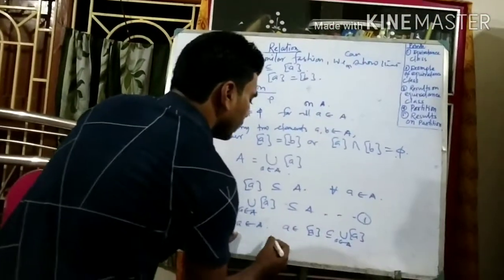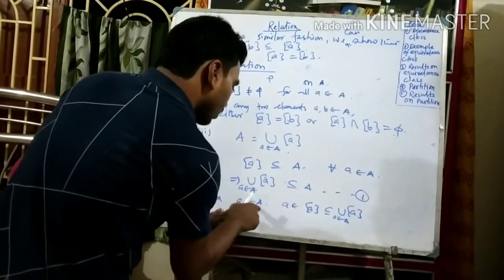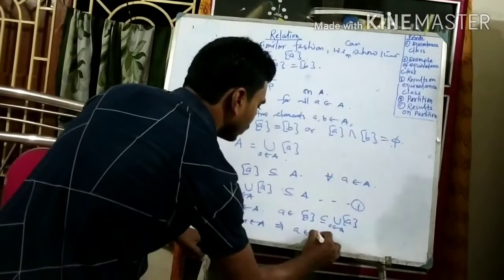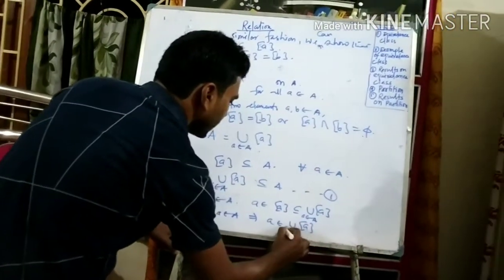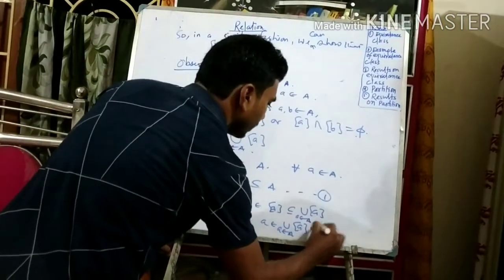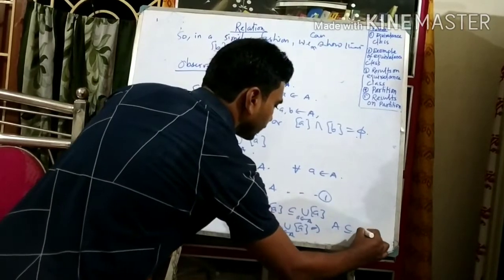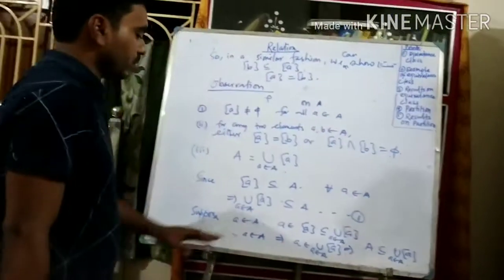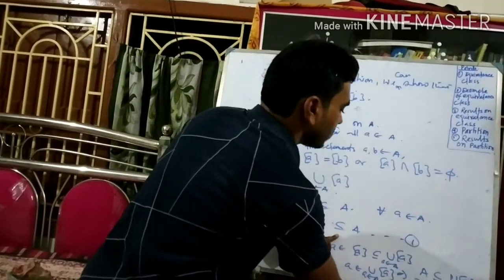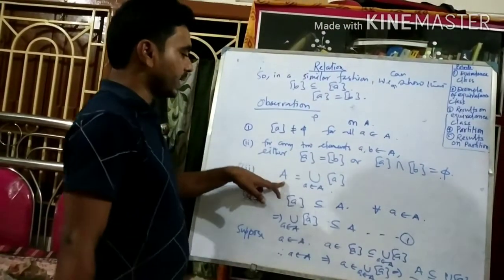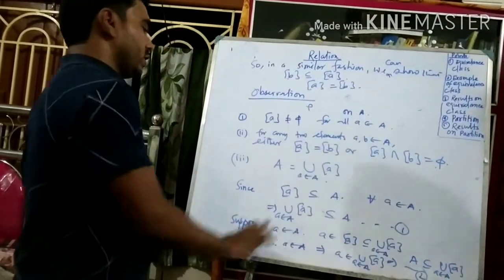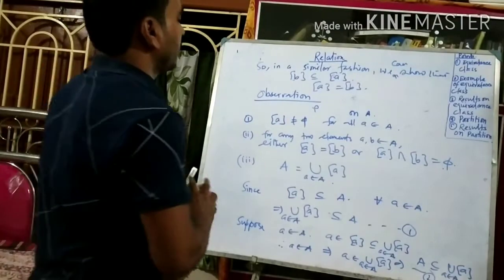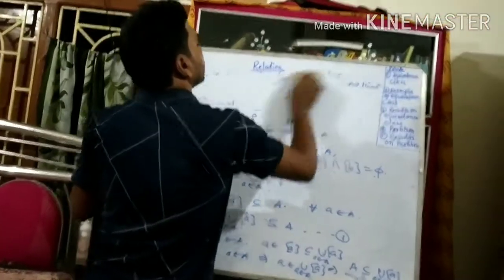So we have seen a belongs to A, therefore a belongs to the union of class a, a belongs to A, and this implies A is a subset of the union of class a, a belongs to A. So from 1 and 2, we can say that A is equal to the union of this. So these are the observations related to equivalence classes.